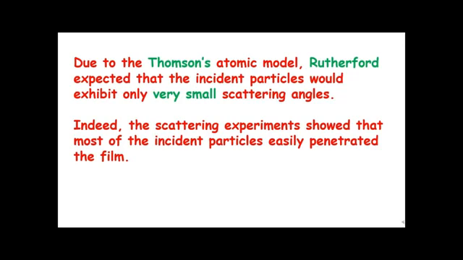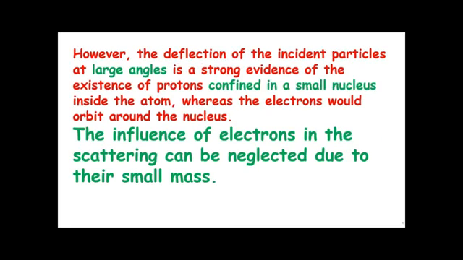Indeed, the alpha ray scattering experiment showed that most of the incident alpha particles easily penetrated. It was also found that a few alpha particles are scattered at very large angles. So this is against J.J. Thomson's atomic model. Rutherford's alpha ray scattering experiment disproved J.J. Thomson's atomic model.